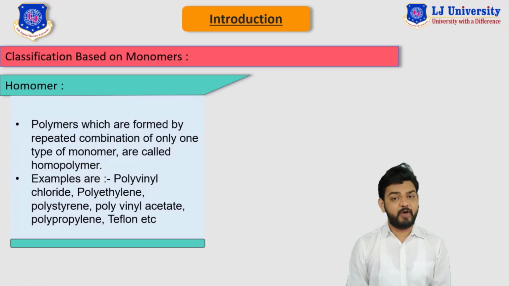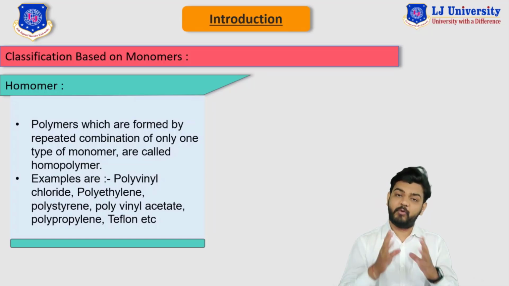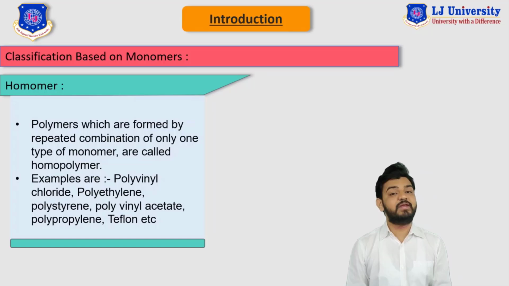Polymers which are formed by repeated combination of only one type of monomer are referred to as homopolymers. Here on the screen, you can see examples of such homopolymers, such as polyvinyl chloride, polyethylene, polystyrene, polyvinyl acetate, and Teflon. So these are the homopolymers.